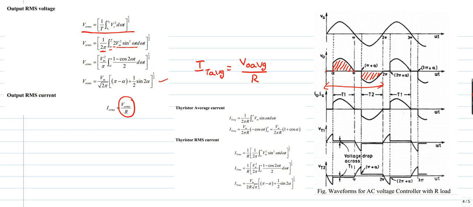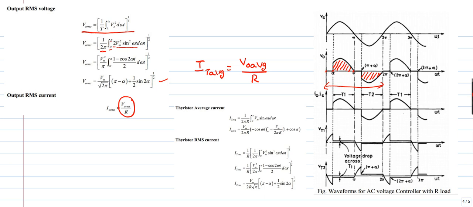So I need to calculate the average component for one half cycle, but the duration is 2 full cycle. So V0 average is 1 by 2 pi R, and T1 conducts from alpha to pi, so the average component formula is Vm sin omega t d omega t.